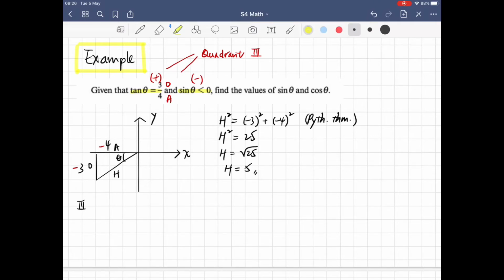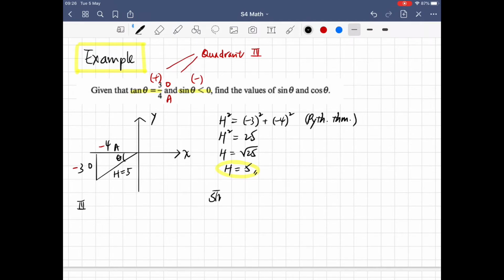Okay, so for the hypotenuse, it must be positive. Okay, so we don't have to take the negative of the hypotenuse. So we know that the hypotenuse is equal to 5.